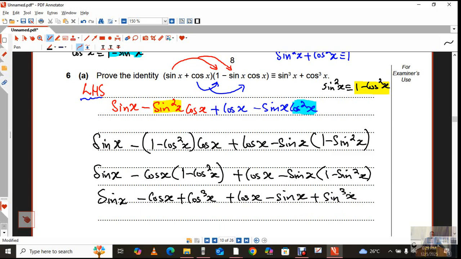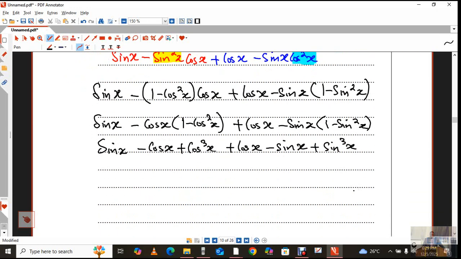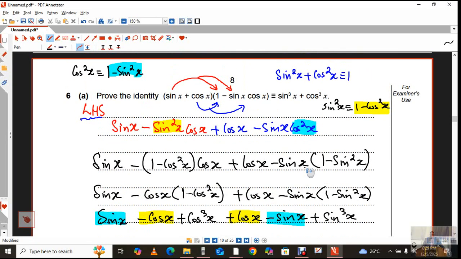Now, there's a bunch of things happening here. I'll bring in my highlighter. This sin x and this one will cancel. This cos x and this one will cancel, leaving me with, drum roll, cos cube x plus sin cube x. And what is the right hand side?